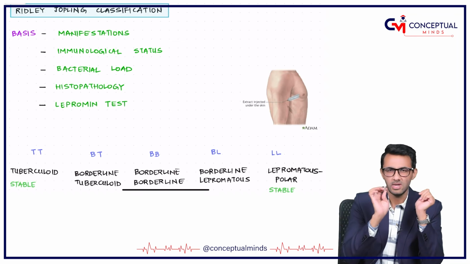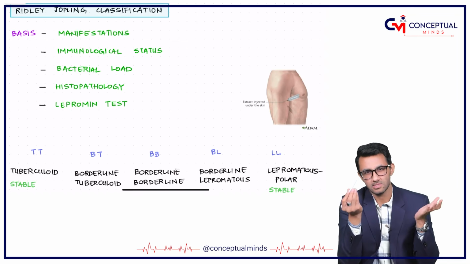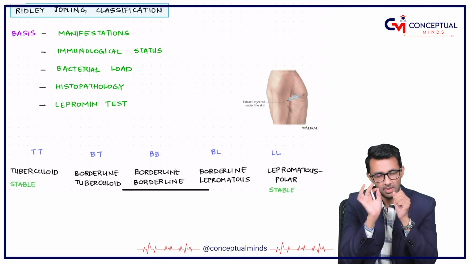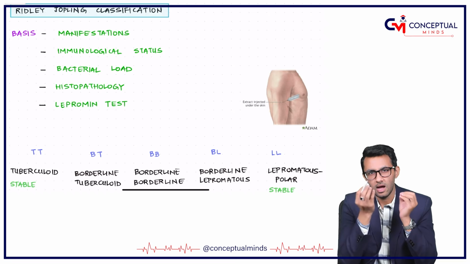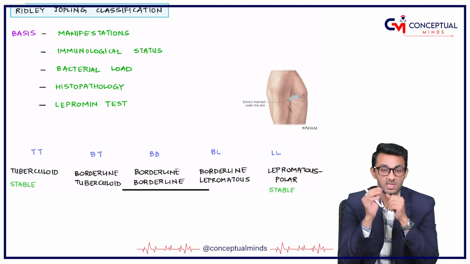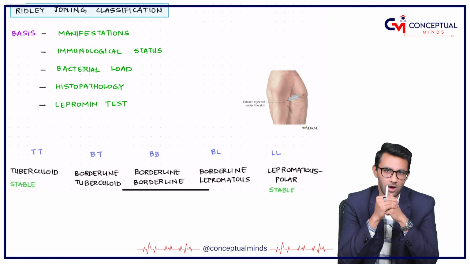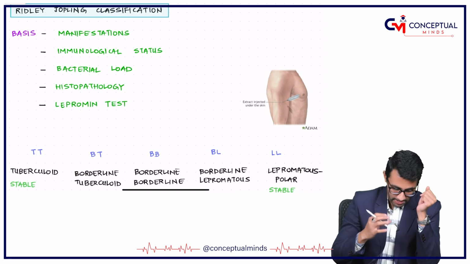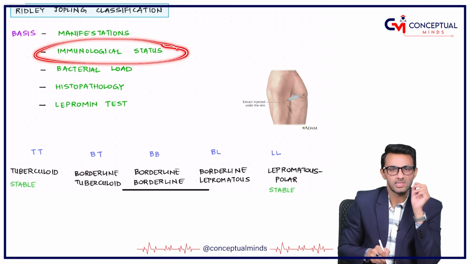First we need to understand what the basis of this classification is. First, I want to point out a few things: how the disease manifests, what the nature of the disease is, the Lepra reactions, the lepromin test, the histopathology as well, and moreover the immunological status of the patient.